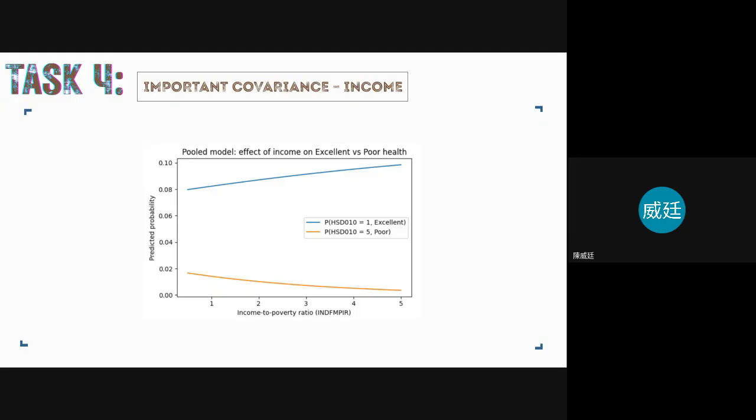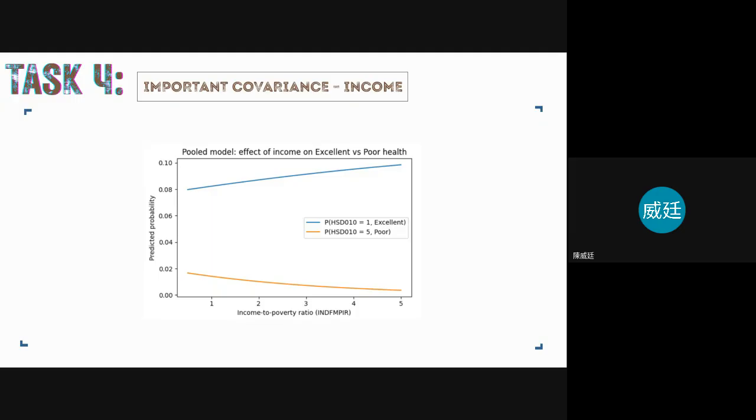The x-axis is income to poverty ratio. We can see that the blue line goes up, which means higher income is associated with a higher chance of reporting excellent health. And the orange line goes down, which means higher income is associated with a lower chance of reporting poor health.